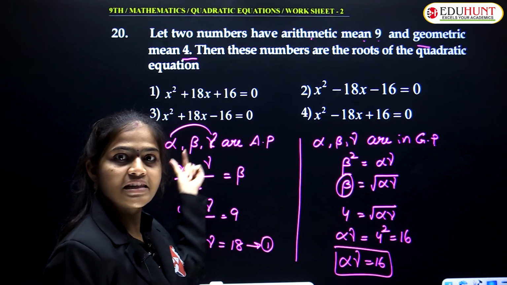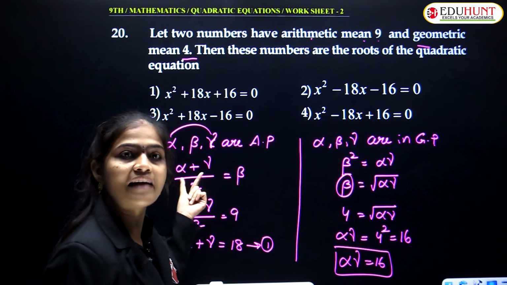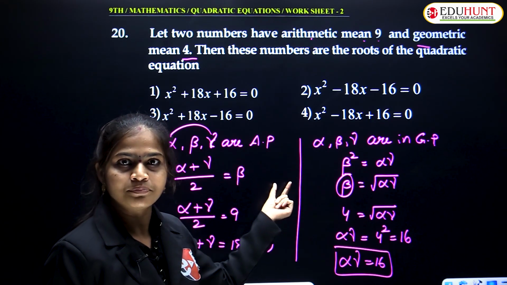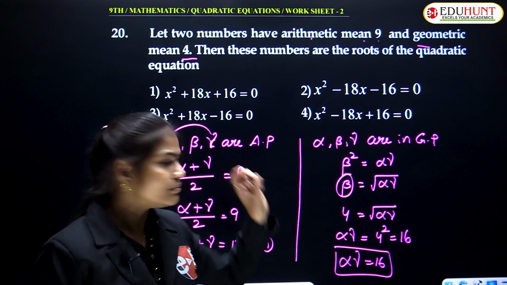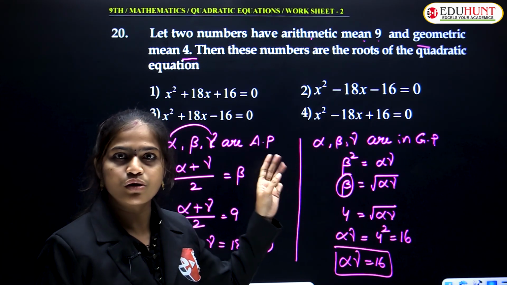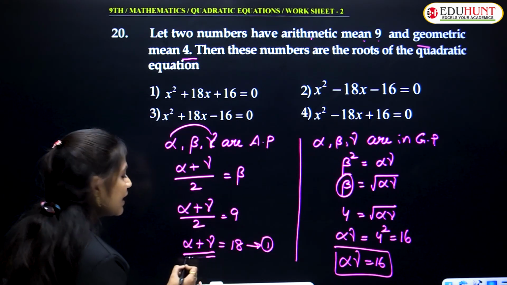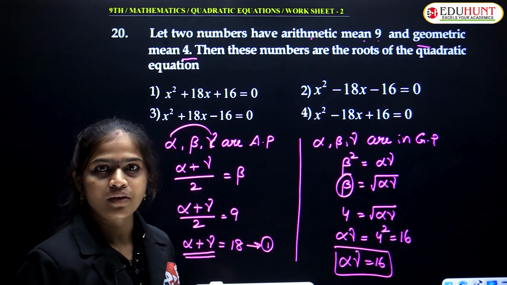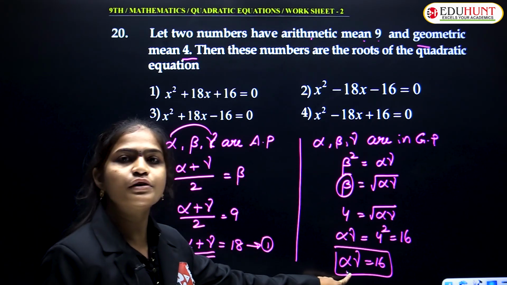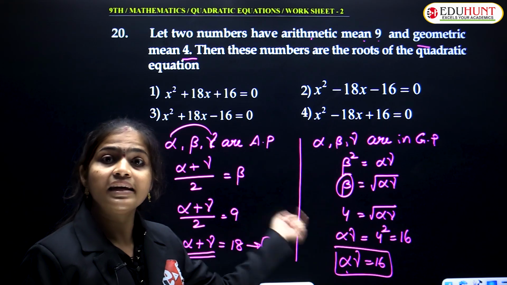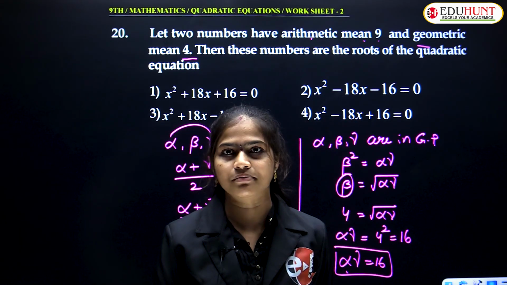If these three numbers are in AP, then the arithmetic mean is alpha plus gamma by 2 is equal to beta. Take them as three values, not roots. But finally we get only two numbers, and in the same way here also we get two numbers. Now we can consider that these two numbers are the roots of the quadratic equation.